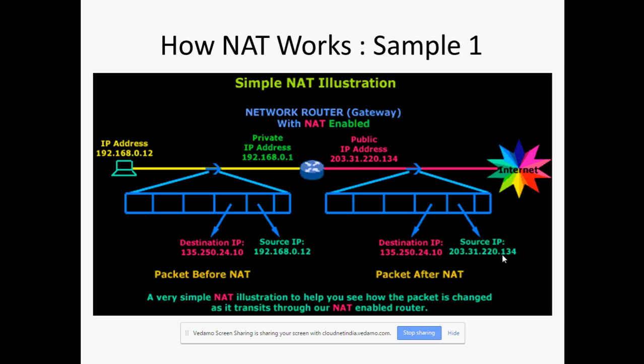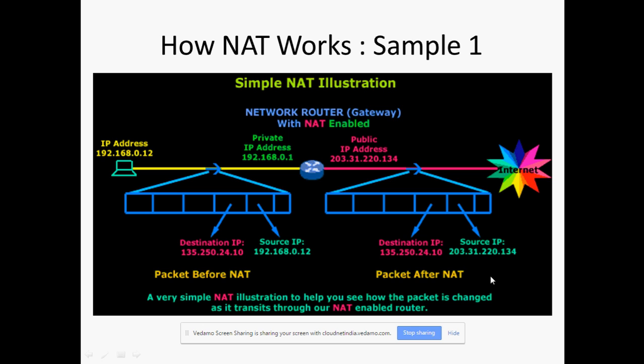So when this packet goes to the public internet, they are only aware of the public IP address. They don't know the actual IP address of the requester. They know the IP address of the requester is 203.31.220.134.